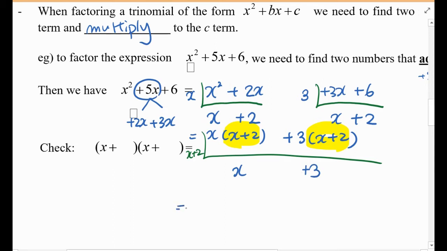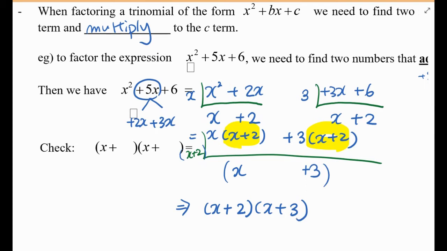So let's rewrite it. After rewriting it, we have x plus 2 times, don't forget to put brackets around that, x plus 3. So this is how you factor a trinomial using the decomposition method. It's called decomposition, right? x plus 2, x plus 3.